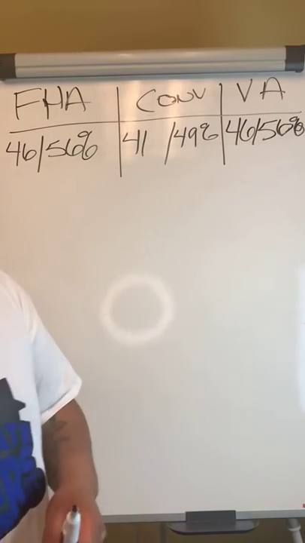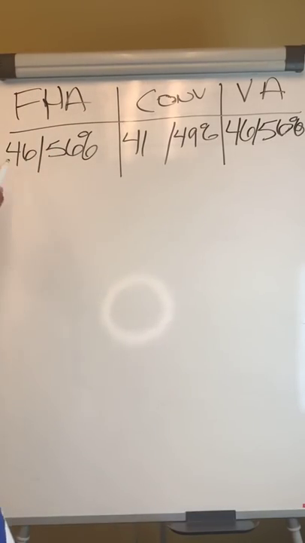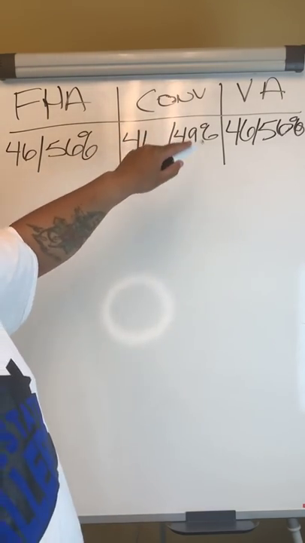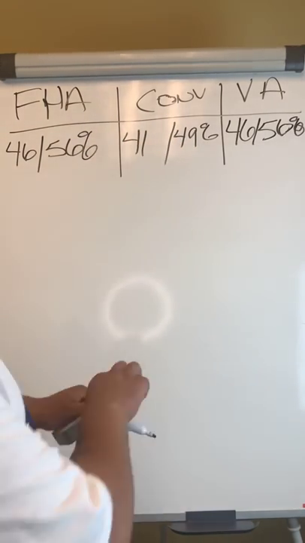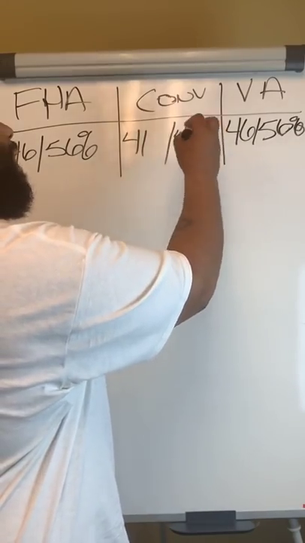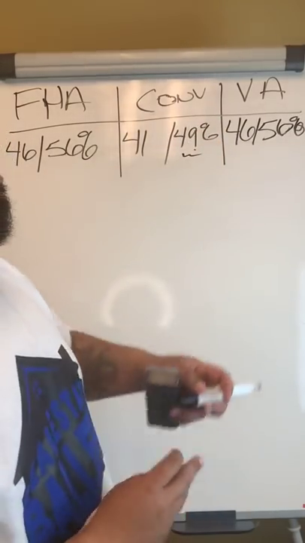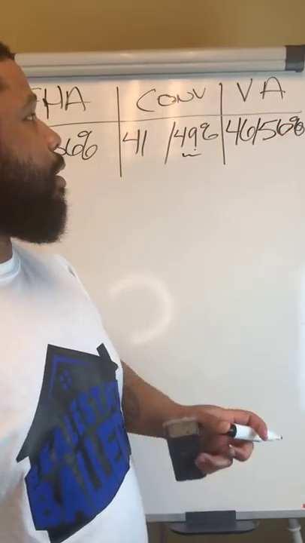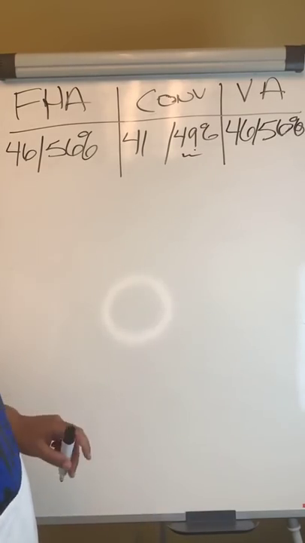So that's your ratios, all right? FHA max 46/56, conventional like 41/49, and this is even high right now. This is high, right? But you can still get it done. VA 46/56 for VA loans.